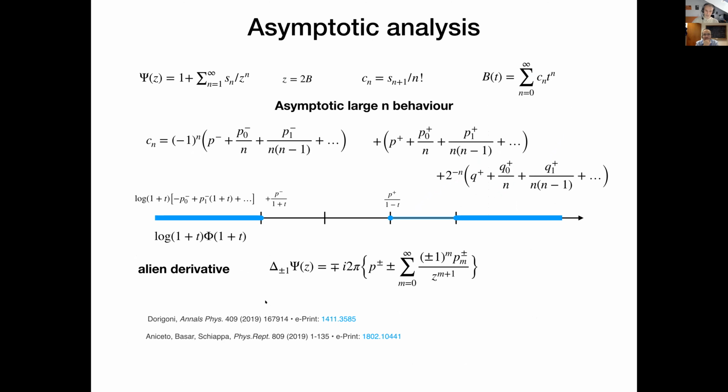I have to confess, I'm not an expert on this, and I learned many things from this review by Daniele Dorigoni, which is on the arXiv. This is a very nice introduction. I think it's good to start. Also, there is a recent review by Aniceto, Başar, and Schiappa that you can read.